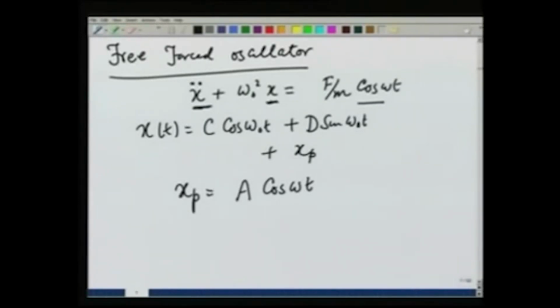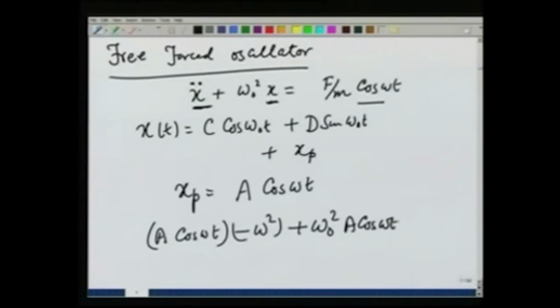When I substitute this here, I find that I have cosine of omega t multiplied by minus omega square plus omega naught square a cosine of omega t is equal to f over m cosine of omega t. And therefore, since this equation is satisfied at all times, I get a is equal to f divided by m omega 0 square minus omega square.